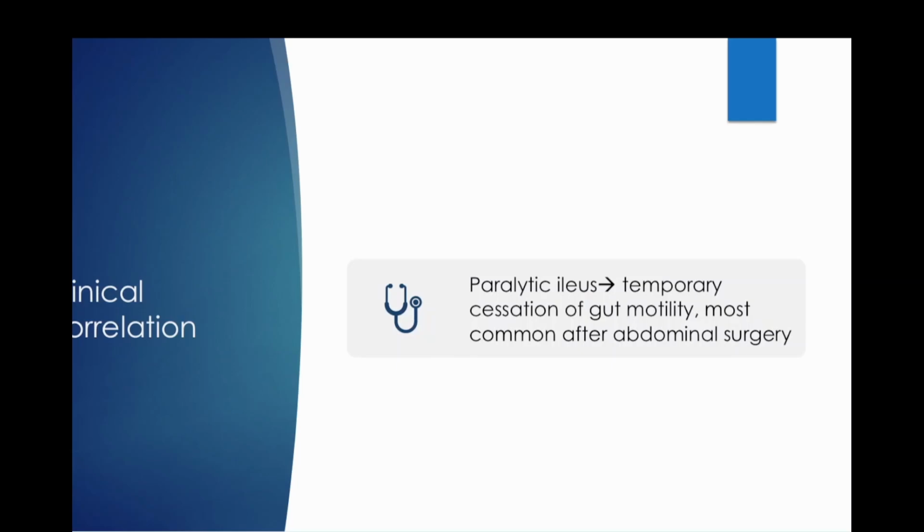Which is why after surgery, you don't let your patients eat anything until they've either passed gas or had a bowel movement. If they pass gas, that means their GI system is moving again, so then they can start eating. But until any of those signs happen, you don't want them eating because the stomach is not working very well because of the surgery. It's called paralytic ileus, one of the major post-surgical complications.